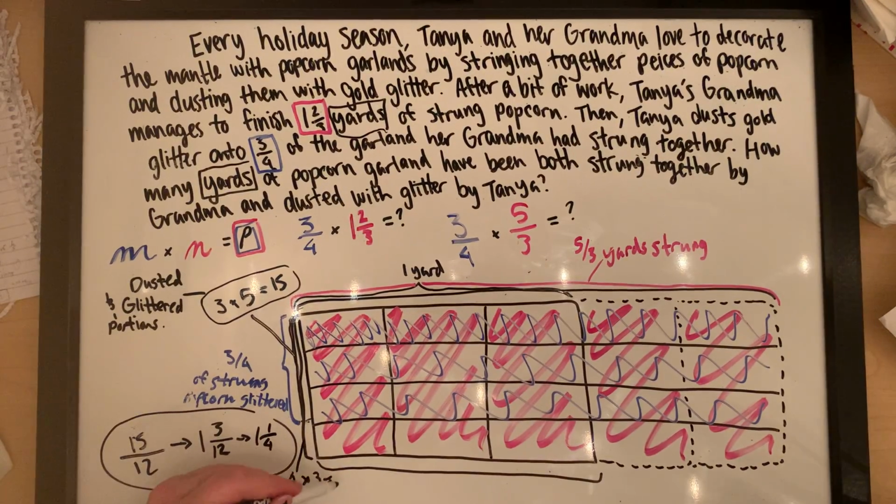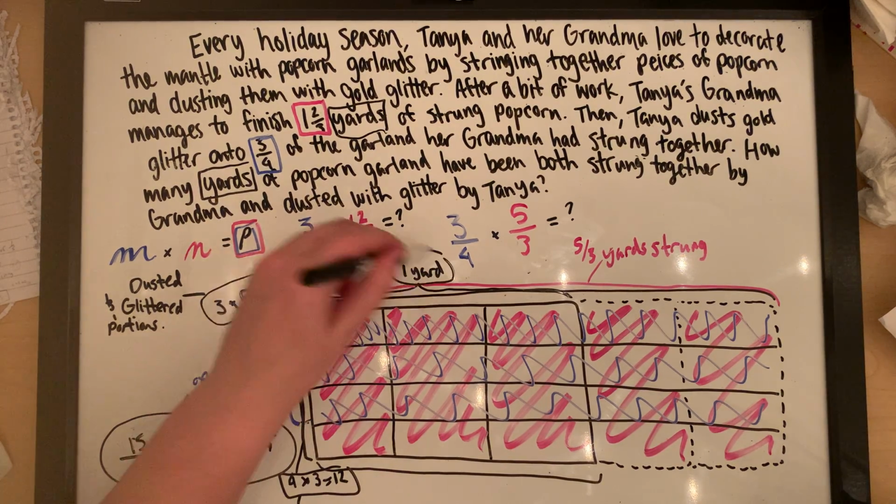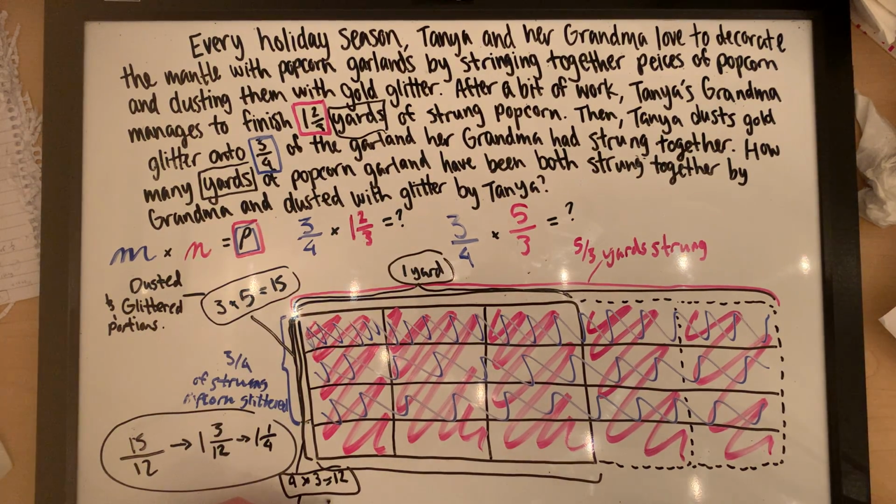And this number is going to be our whole. Well, no. Sorry. It's not our whole. Our whole is equal to 1 yard. That's our whole. But this number 12 is the number of divisions that our 1 yard is separated into. Whole number of divisions. Yeah.